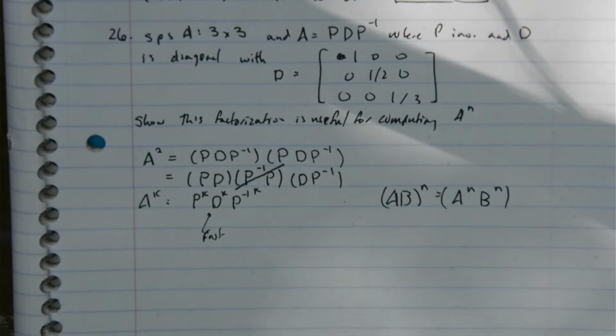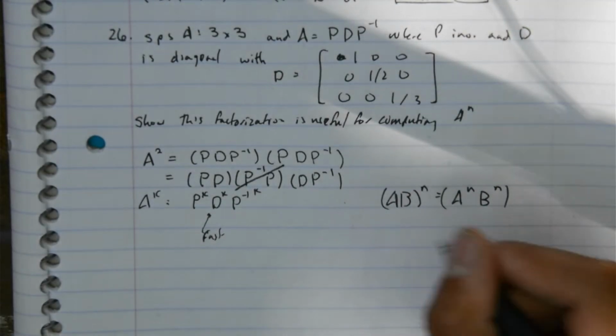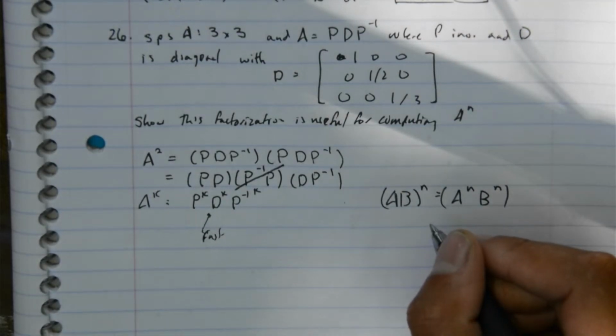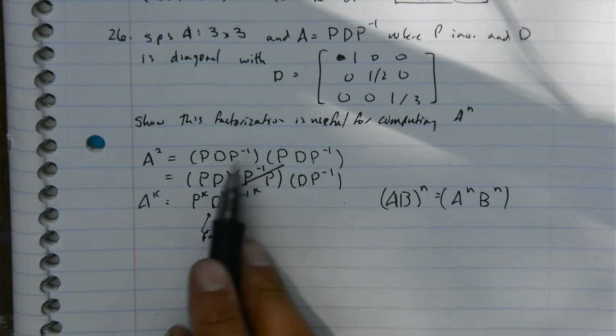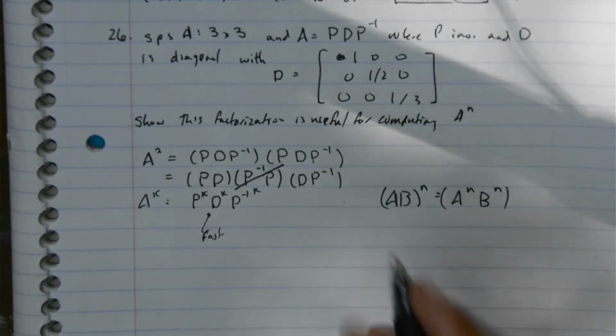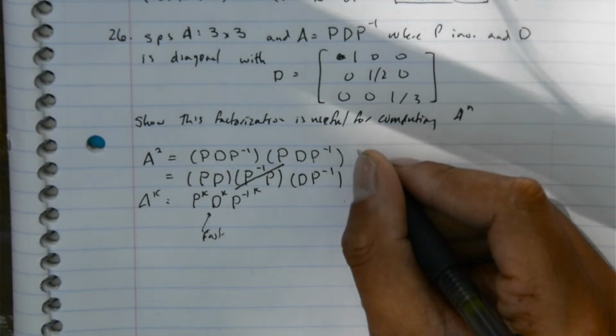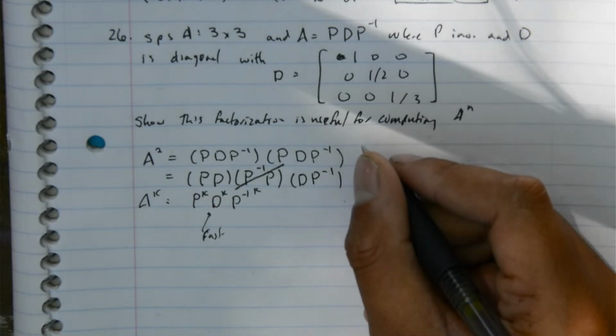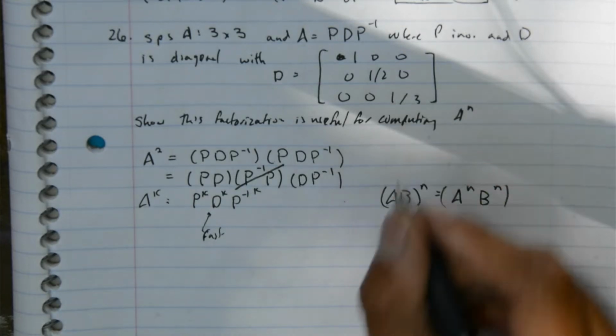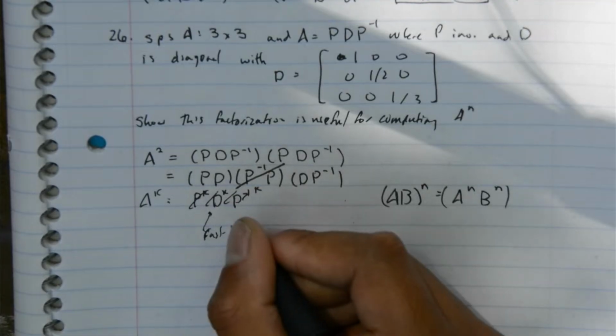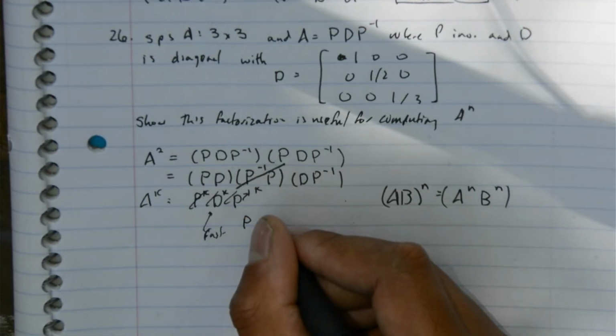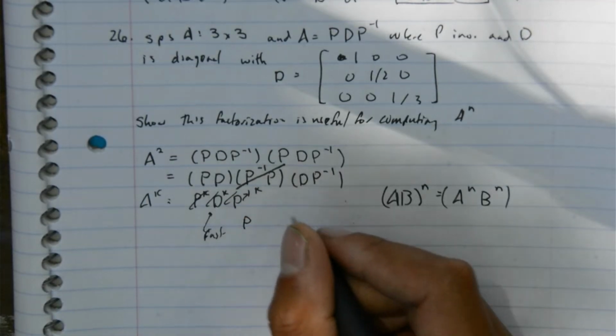Okay, so wait, we need to prove that for matrices. I don't actually think that's true. So I don't know if we can do this. I mean, it's certainly true that, it actually might not look like this. It might look like P, let's see.